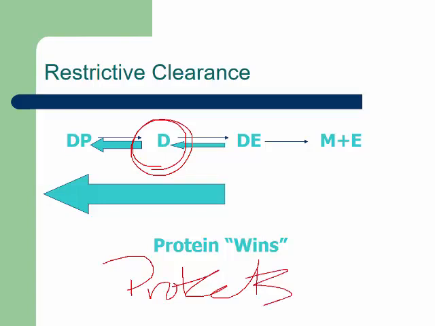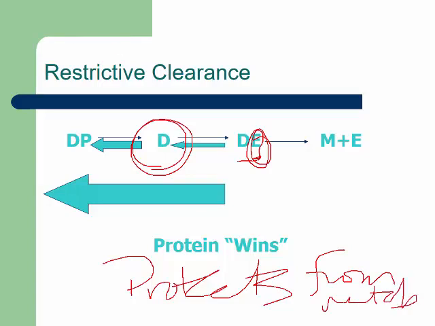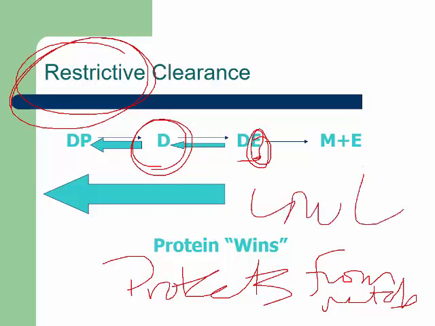I think of the protein as a big honking protein that the drug molecule is bound to, and if it's interacting with that protein, it cannot interact with the enzyme. So it protects it from metabolism. That's in restrictive clearance, and this is for low extraction drugs.